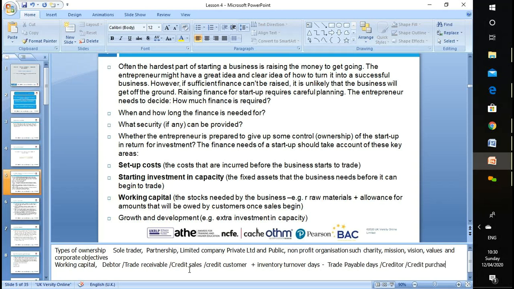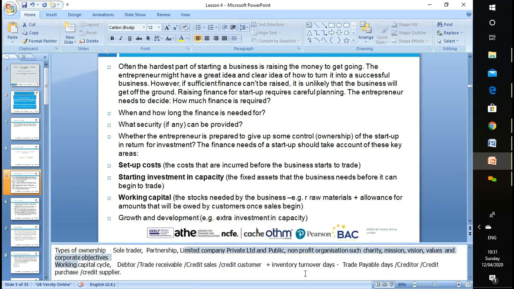Why do we have them? Due to credit purchases from credit suppliers. So trade receivable days plus inventory turnover days minus trade payable days gives us what is called the working capital cycle.